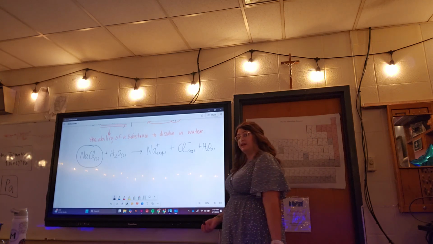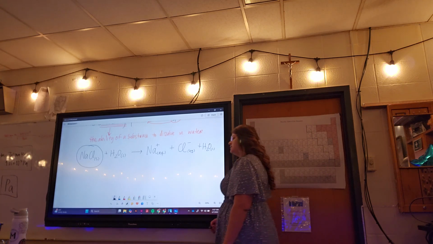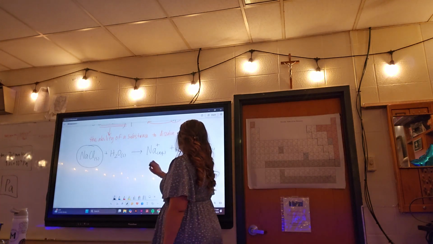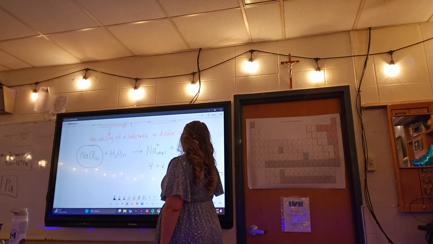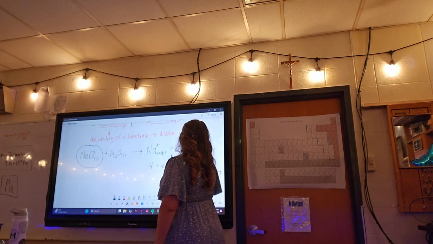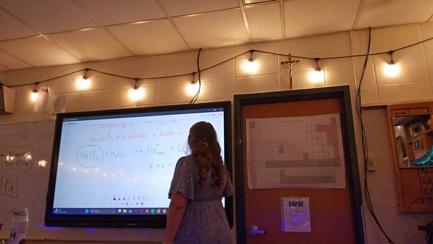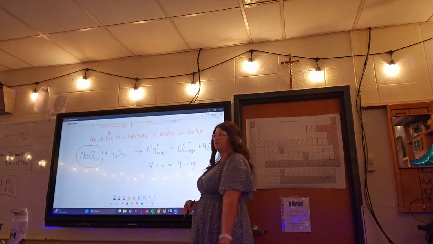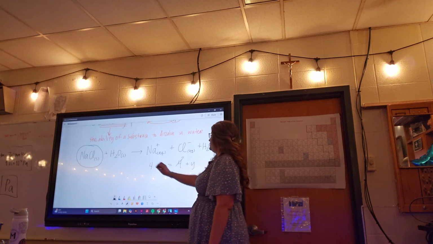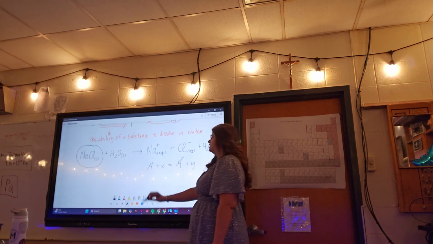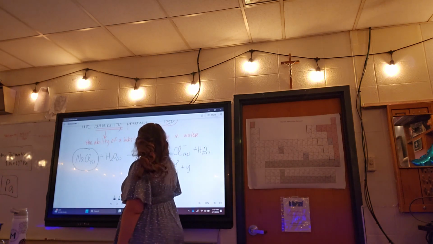So when we're writing the KSP, just like if you had a situation in math, let's say you have 4 plus x equals, let's not do that, 4 plus y. What can you do with the 4s? You can get rid of them because they're the same on both sides. You can do the same thing with chemical equations as well.